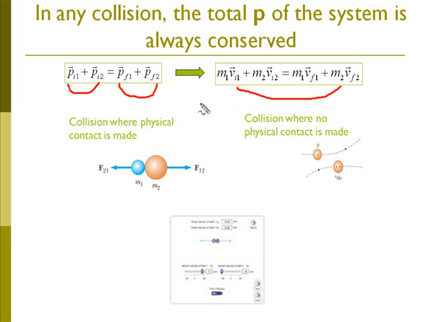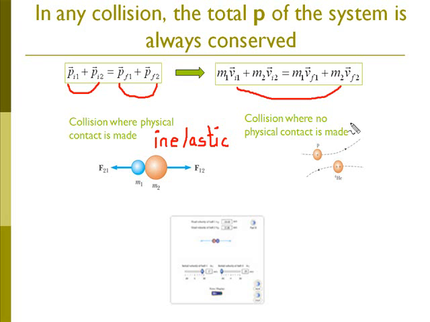Now, the fact that we are saying type implies that there is more than one. In fact, we classify two types of collision. Collisions which are said to be inelastic, and in this case, all collisions, for the most part, where contact is made between the two objects fall into this category, inelastic collisions. They do conserve momentum, but of course there is contact between the two objects.